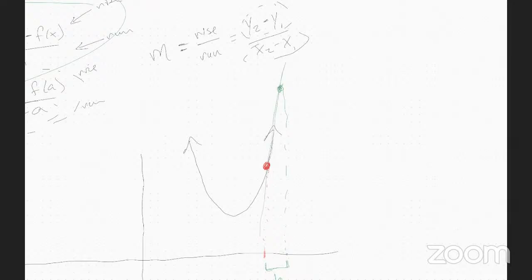Then I'm saying, okay, now let's make h smaller. So now h is here, or now the f of x plus h is here. And now see what's happening to the slope of that line? Now I'm going to make it even smaller. Here's my new h. h is getting smaller each time. You get what I'm doing?